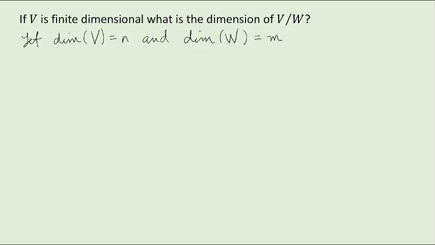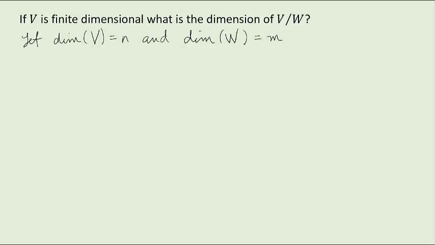Now we would like to find a formula for the dimension of V mod W. So let the dimension of V be n and the dimension of W be m.